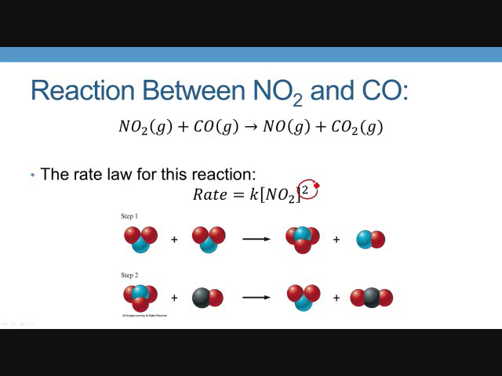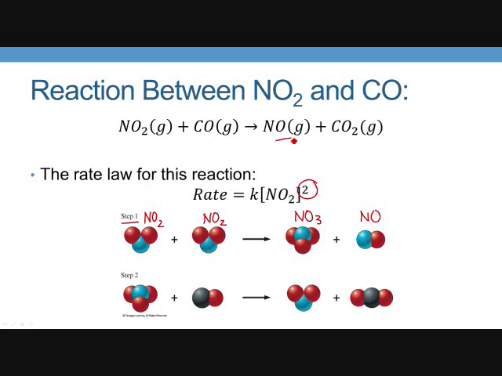But then this series of steps is proposed for how the reaction actually proceeds, where the reds are oxygen and the blue is nitrogen, so that would be NO2, and this would be NO2. In step 1, 2 nitrogen dioxide molecules collide with each other to make nitrogen trioxide and nitrogen monoxide, which is one of the products that we need.